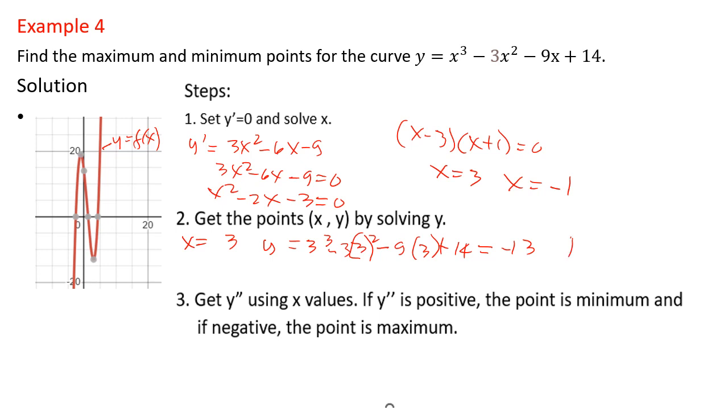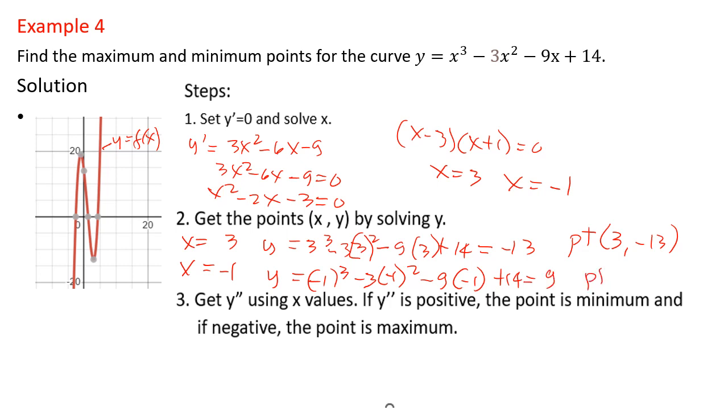So the point is 3, minus 13. When x equals minus 1, y equals minus 1 cubed minus 3 times minus 1 squared minus 9 times minus 1 plus 14, equals 9.